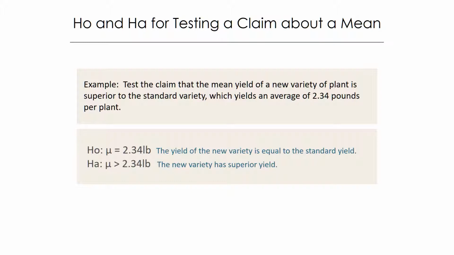So that has to be the alternate hypothesis, because the null hypothesis has to be that the mean is equal to some value, in this case 2.34. Basically that the new variety is not any better. The yield of the new variety is equal to the standard yield. Whereas the alternate hypothesis here is the claim that the new variety has superior yield.